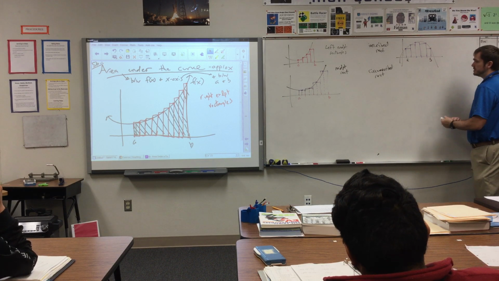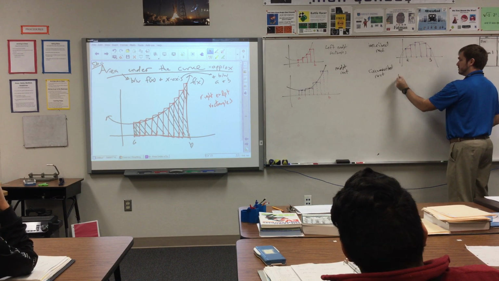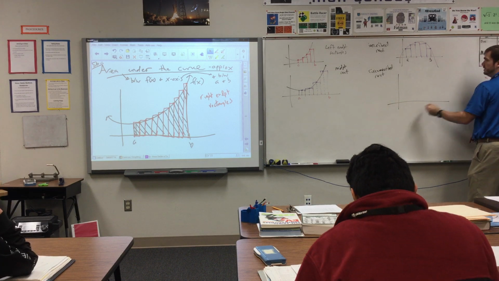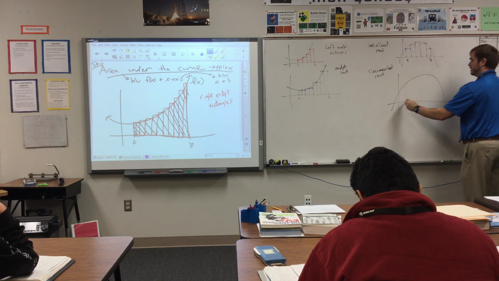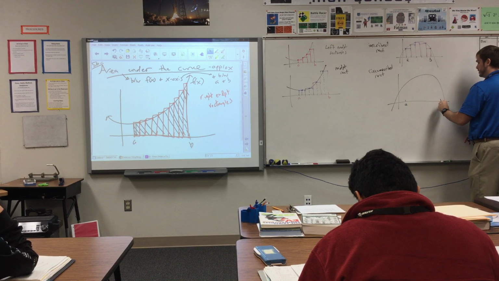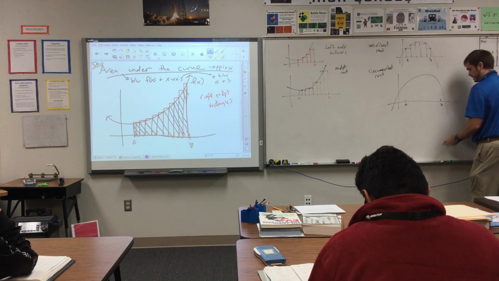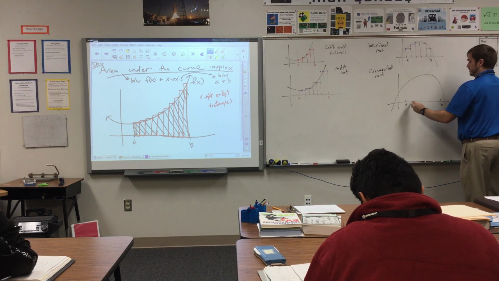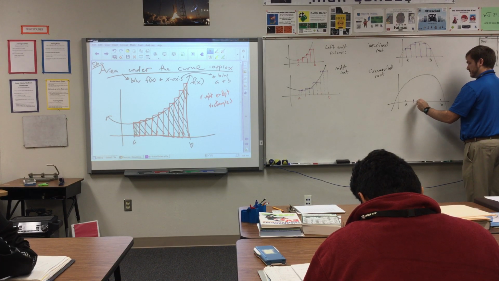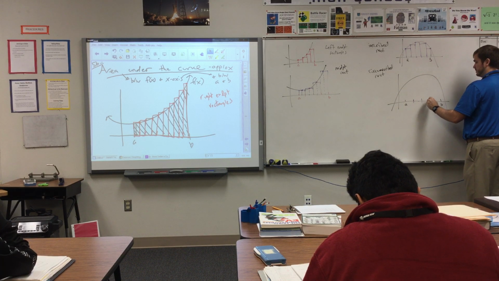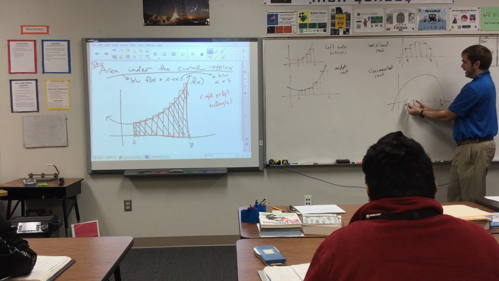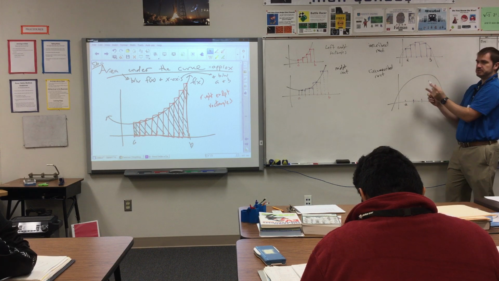Okay, and then the circumscribed rectangles, I'll try to draw the same situation there. Upside down parabola. And in this situation, you basically would choose the other guy.